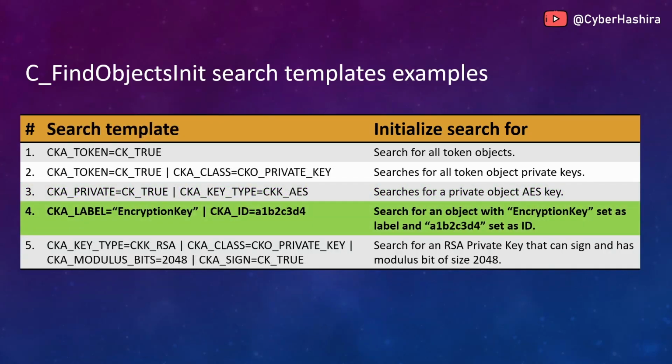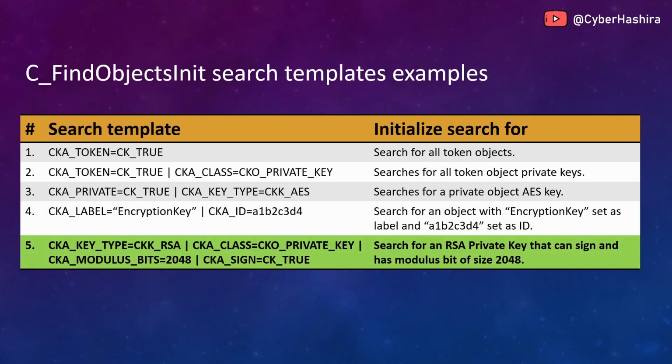In the fourth example, there are 2 attributes, CKA_LABEL with encryption key as its value and CKA_ID with A1, B2, C3, D4 as its value. This search template would look for an object with the label encryption key and A1, B2, C3, D4 set as ID.